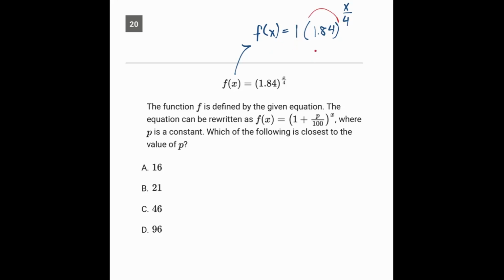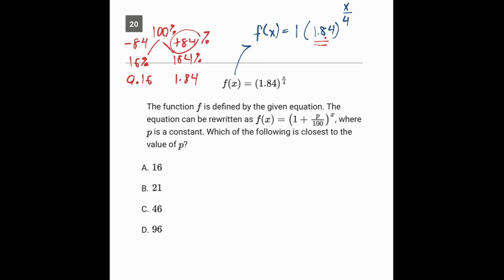It would be going up 84% because, by the way, if we start at 100% and then go up or down by 84, it's going to take it up to 184 or down to 16, and these are percents. And in decimal form, you'd have 0.16 here or 1.84 here. So that 1.84 means that our number is going up 84%.